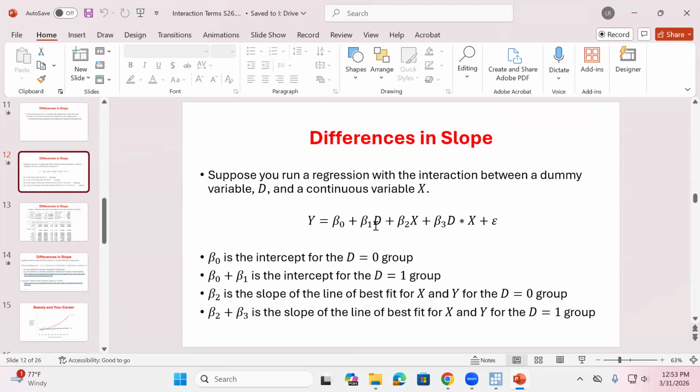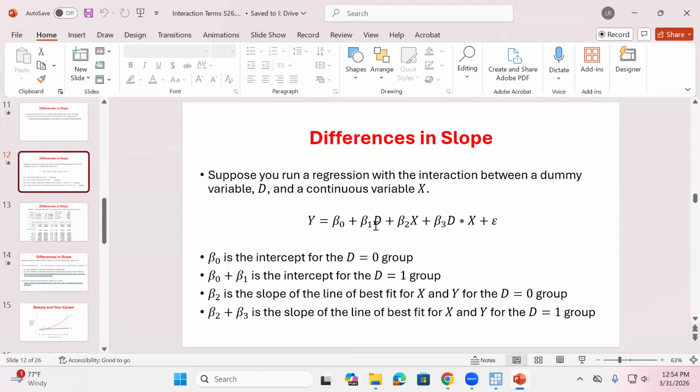What could be the case is, what if beta 3 was larger than beta 2 in magnitude? What's that going to look like in terms of our line of best fit? Well, I've got my continuous variable, my y variable. Maybe here's the 0 group, right?